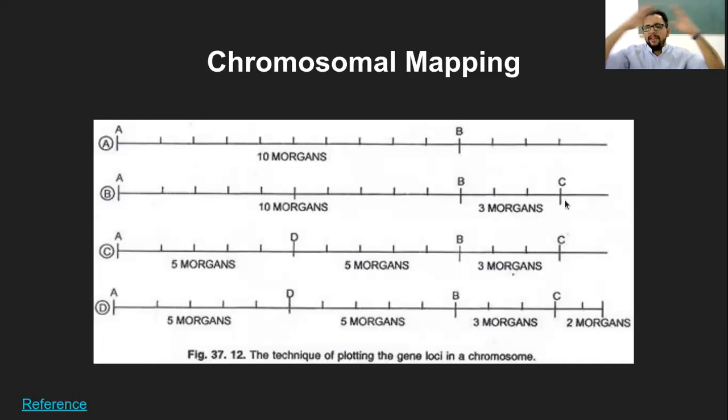Because it is a percent, you have actually normalized it to 100, right? That is a very obvious mathematical calculation. I assume you know. Yes, 1 Morgan is like 100% recombination, right? Correct.